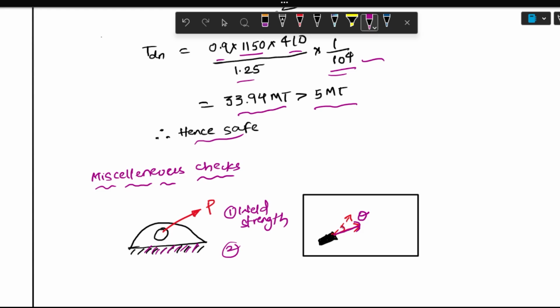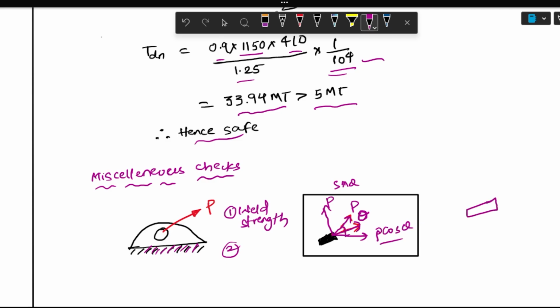For example, if a problem occurs at the site and suddenly the sling is acting in an inclined direction at an angle of theta, accidentally it can happen. Then the load coming onto the lug plate gets divided into components, for example P sin theta and P cos theta.